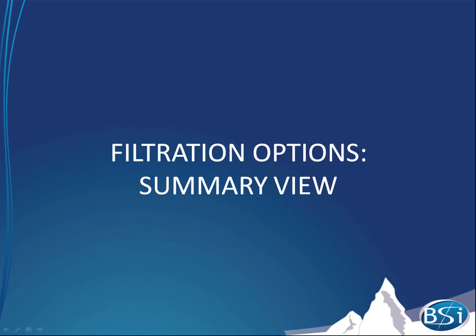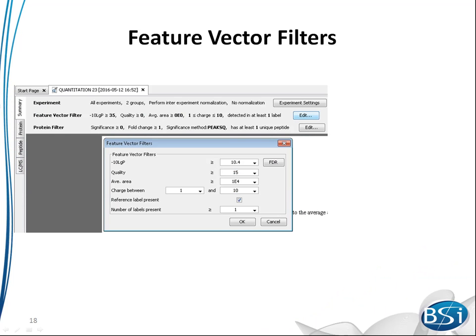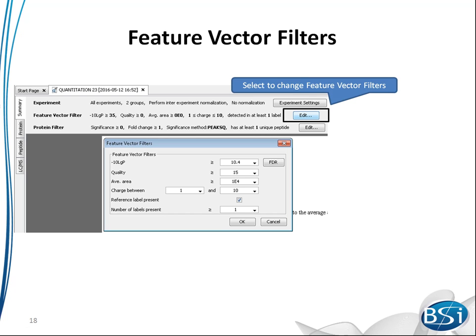Before examining your data, it's best to select an appropriate set of filters. To change the feature vector filters, select the Edit button in the second row of the filtration options to open the filtration window. Set a -10 log P threshold through the drop-down menu or by clicking the False Discovery Rate button.